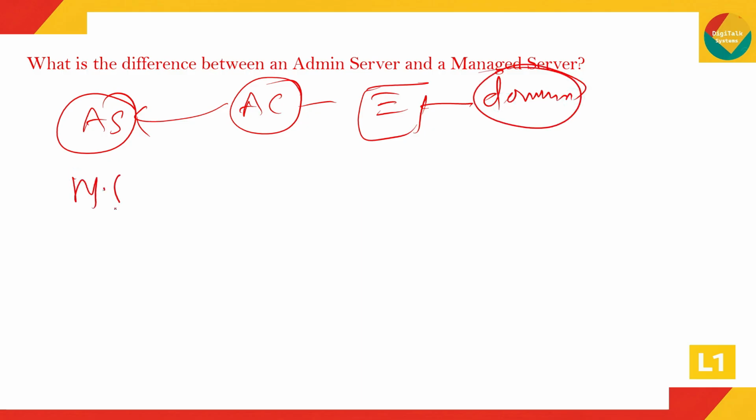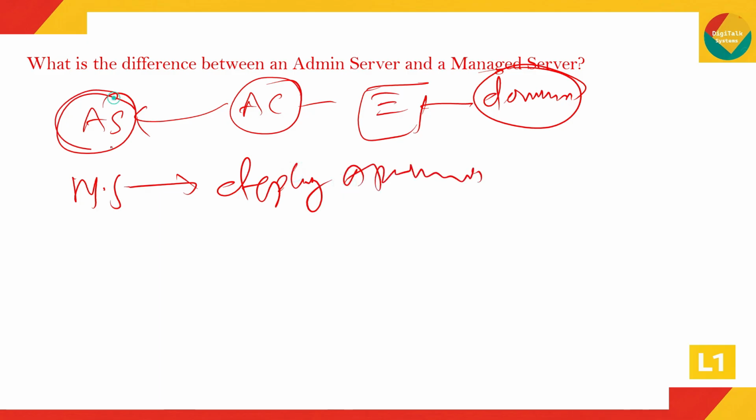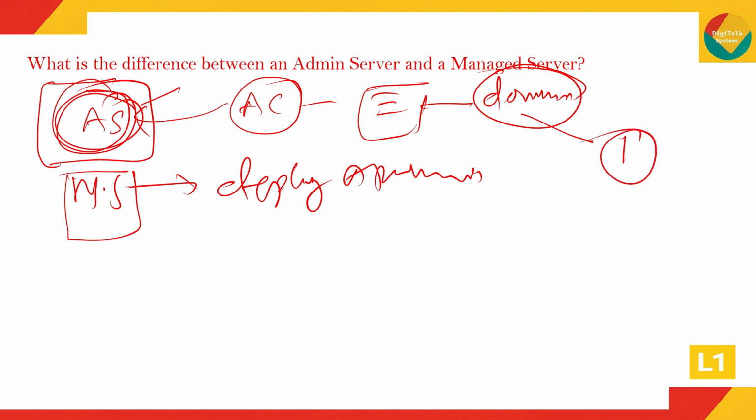And the managed server is where we deploy our applications. So the admin server is basically for the entire domain management, or you can say it is a domain administrative unit. However, managed servers are used for deployment of the application. What we have learned about the admin server is that each domain will have only one admin server.